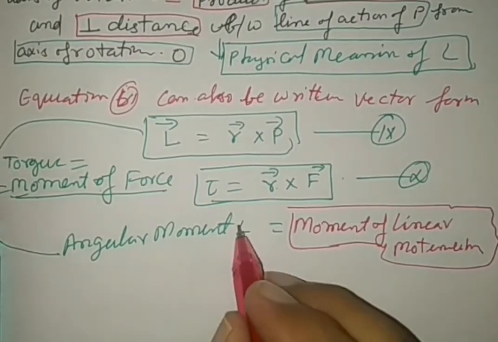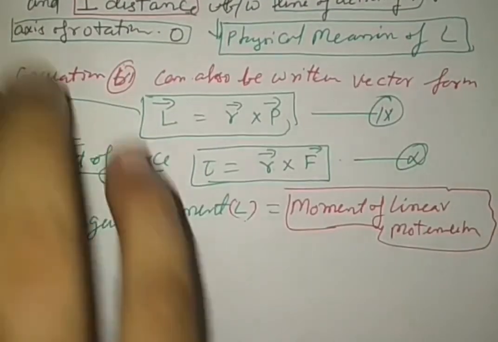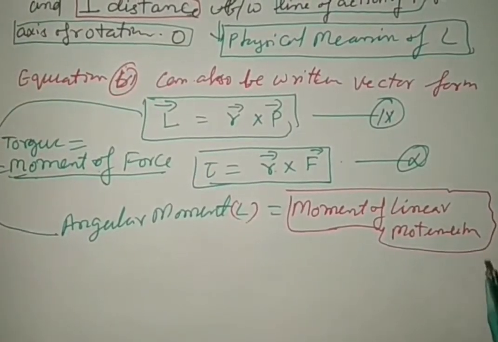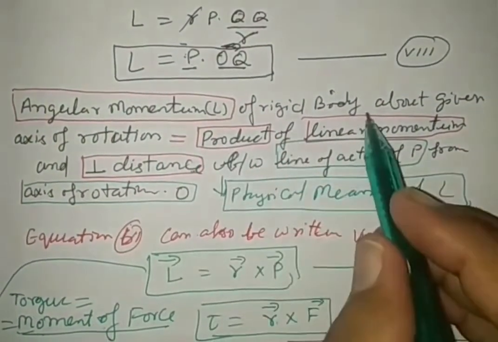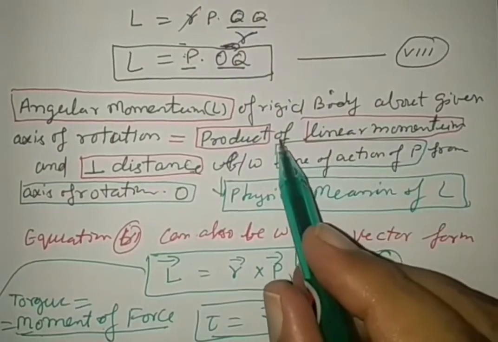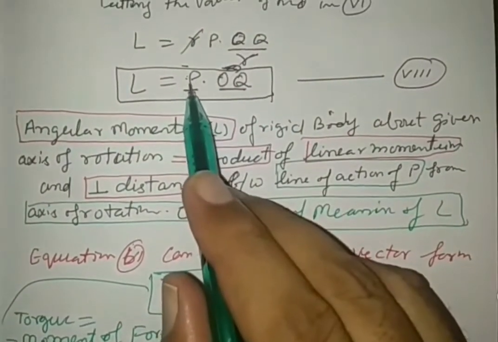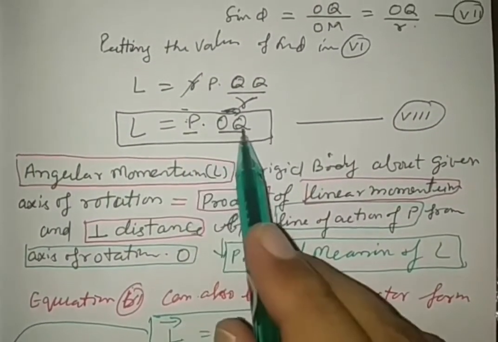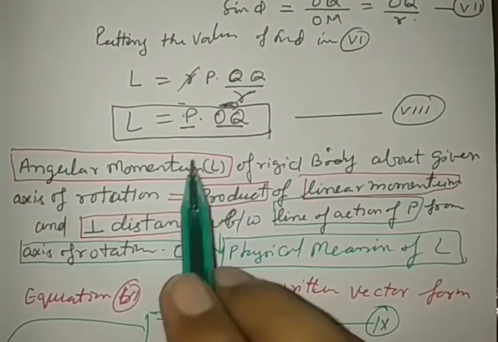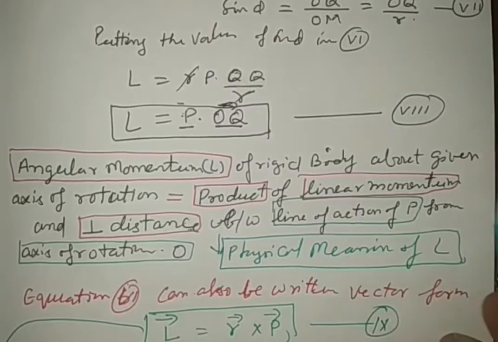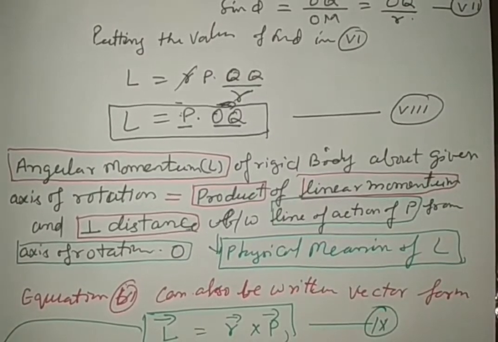So angular momentum L is called moment of linear momentum, one thing, and angular momentum L of a body is defined as multiplication of two quantities, one linear momentum P and second OQ. OQ is what? Perpendicular distance between axis of rotation and line of action of momentum.